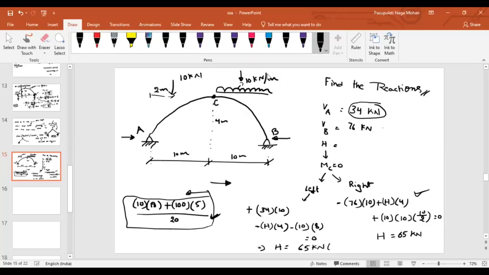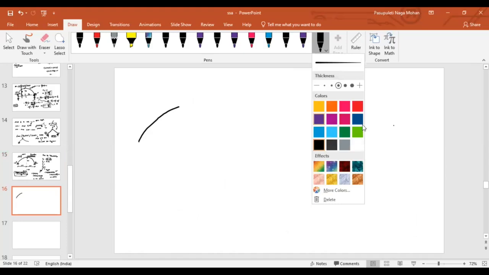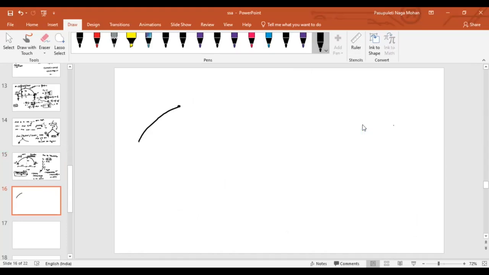Okay. Now, even though what I am discussing may not come in the exam, let's discuss it still. Let us say if I'm taking a point in an arch, you have to find out the radial shear and axial thrust. From the name we can identify axial thrust.